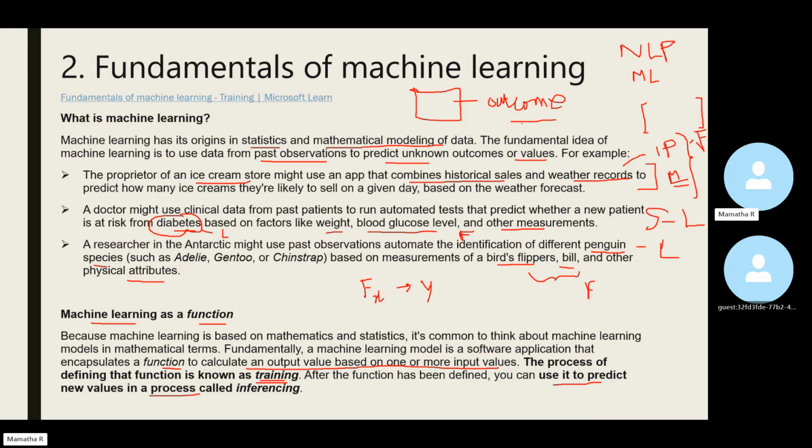This is one of the ways we build our ML model. These are different terminologies that we'll be using in ML. Here we are seeing ML as a function. That is one of the processes, nothing apart from that.